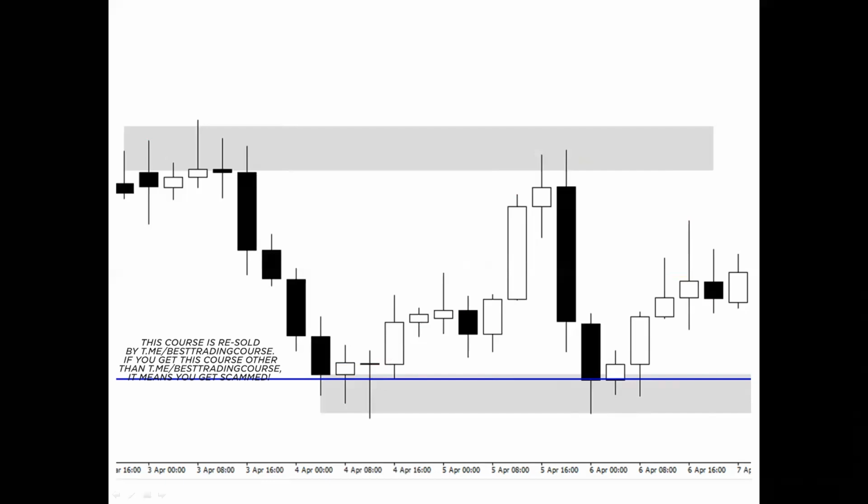You have to take trades where you know you will win. Your probability of winning a trade should be greater than the probability of losing the trade. So that's why you look at these areas.